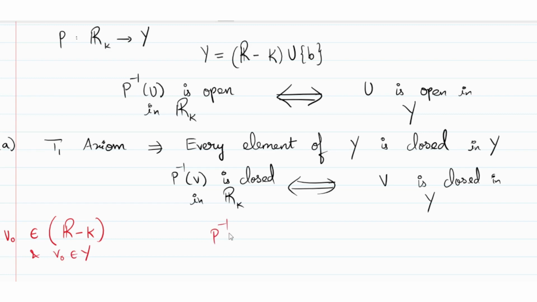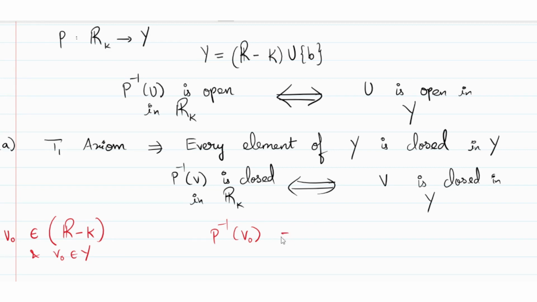So what is P inverse of v naught? I know that the quotient map takes the element to its partition, right? But v naught is identified with v naught only.